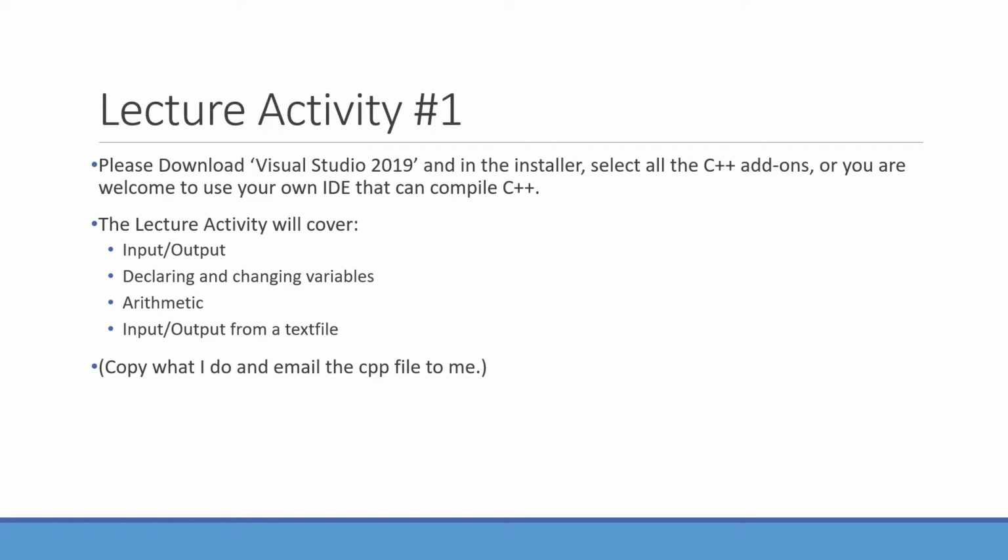So hopefully you've already downloaded Visual Studio 2019, and in the installer you selected all the C++ add-ons. However, if there's an IDE that you like that isn't Visual Studio, you're welcome to use it. The only reason why I'm recommending Visual Studio 2019 is because it's the IDE that I'm most familiar with.